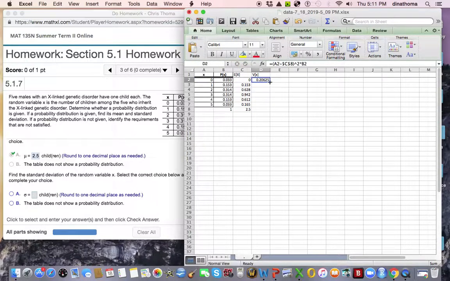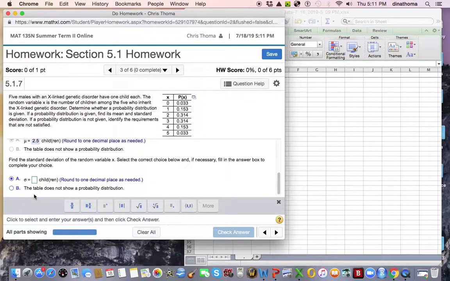So there's my first V of x, bring it all down. And then I auto sum it. There's my variance. And then to find standard deviation, we take the square root of this, 1.12. So it wants one decimal place, so 1.1.